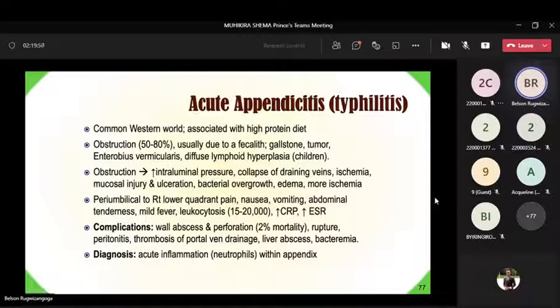Then peritonitis will bring acute abdomen, as I described before. So for diagnosis, we say there is acute appendicitis when you see neutrophils within the appendix. When we see only lymphocytes, we cannot say it is acute, we say it is chronic appendicitis.